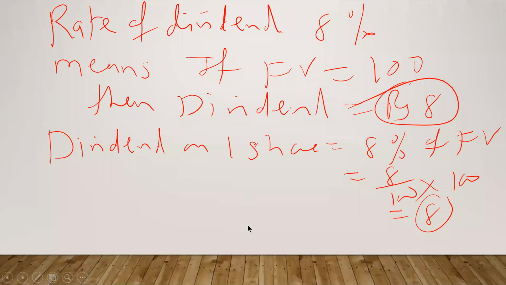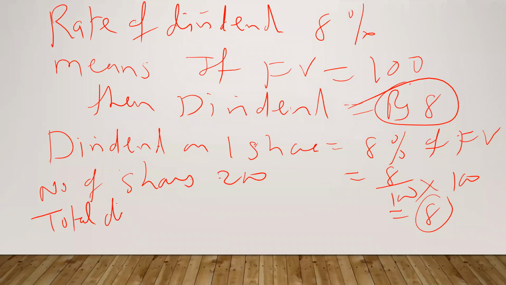Suppose I have 200 shares of the company. That means what is my total dividend? On one share, I'm getting 8 rupees dividend. So on 200 shares, how much dividend will I get? 8 into 200.